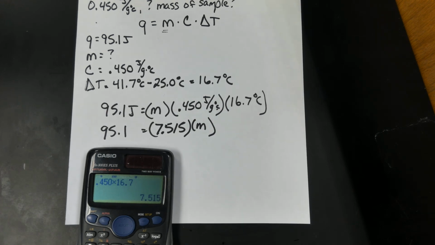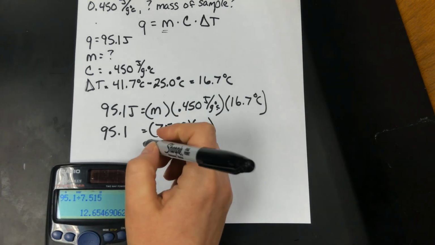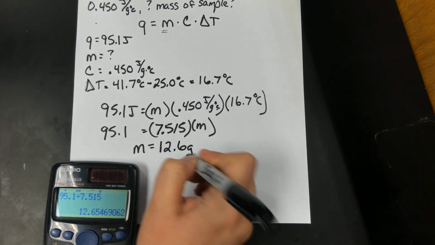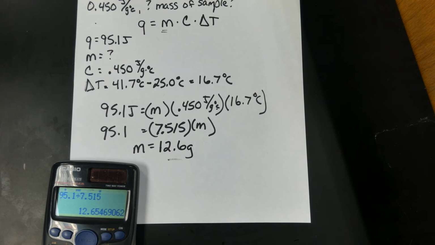So then I take 95.1 and divide it by 7.515, and I get 12.6. So mass is equal to 12.6 grams. That's how big of a chunk of iron we have.